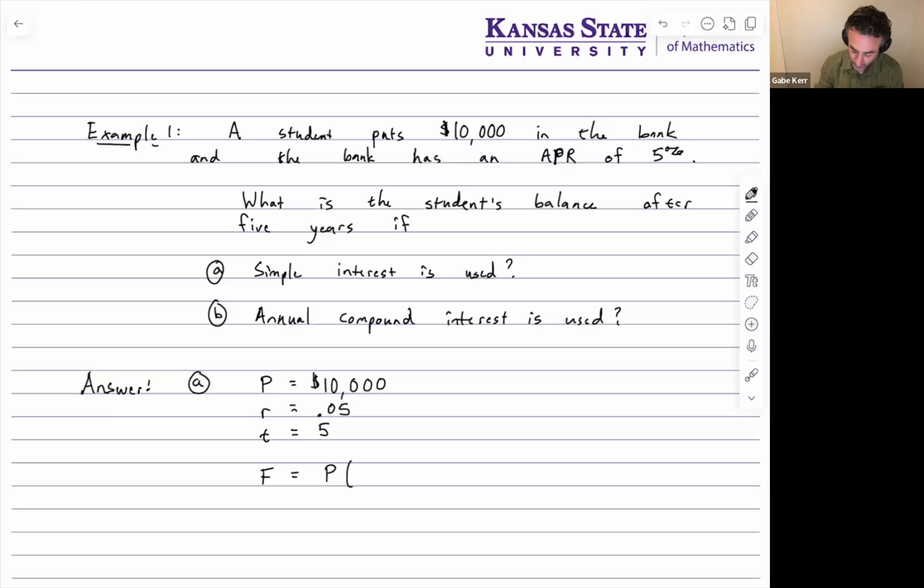It's P times 1 plus rt, and that's equal to $10,000 times 1 plus 0.05 times 5, which is 10,000 times 1.025, and that is equal to $10,250.